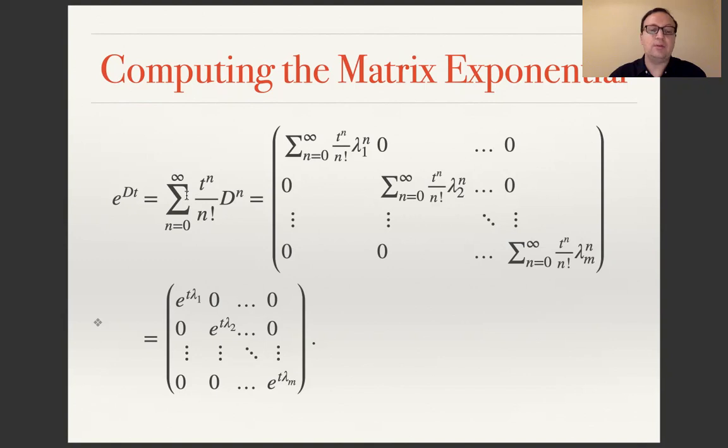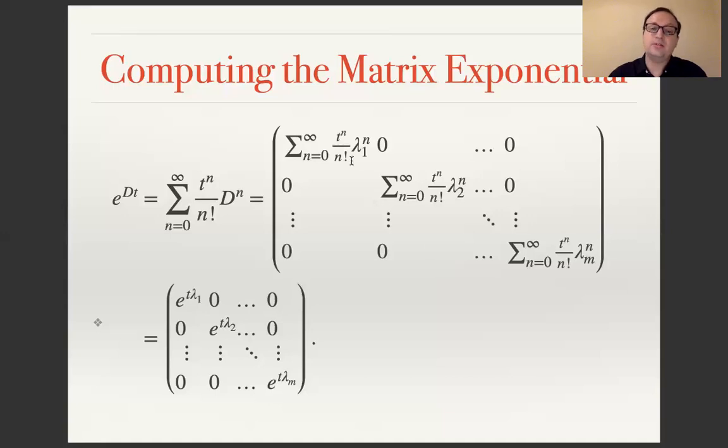And then when one takes the infinite sum with these coefficients t to the n over n factorial, then one just gets the sum of t to the n over n factorial times these numbers raised to the power n on the main diagonal, and 0 everywhere else, because all the powers of D are 0 everywhere off the main diagonal.